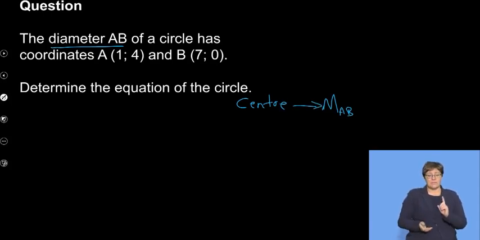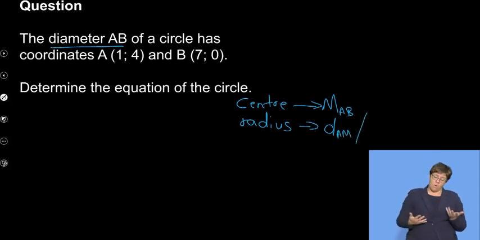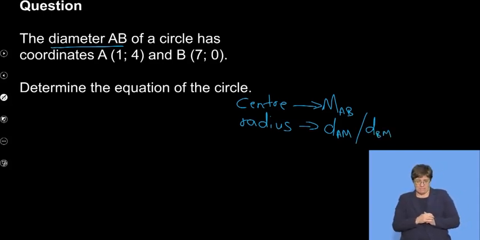And then to find the radius, we will need to find the distance of AM or the distance of BM, right? If you can do that, then you will know what the center and the radius is.